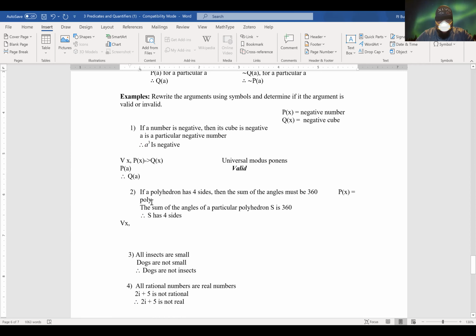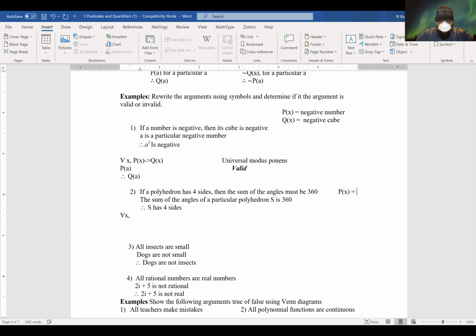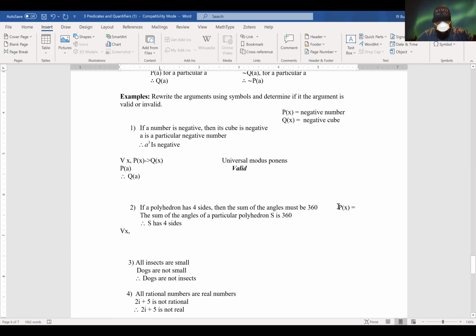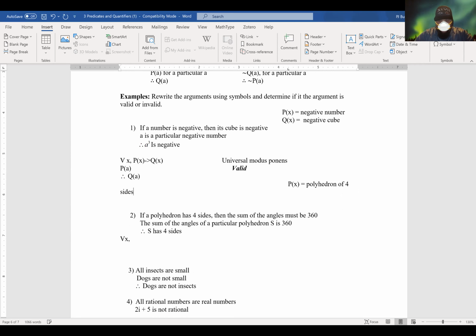And of course, it's going to go down there. So P of X is going to be a polyhedron of four sides.